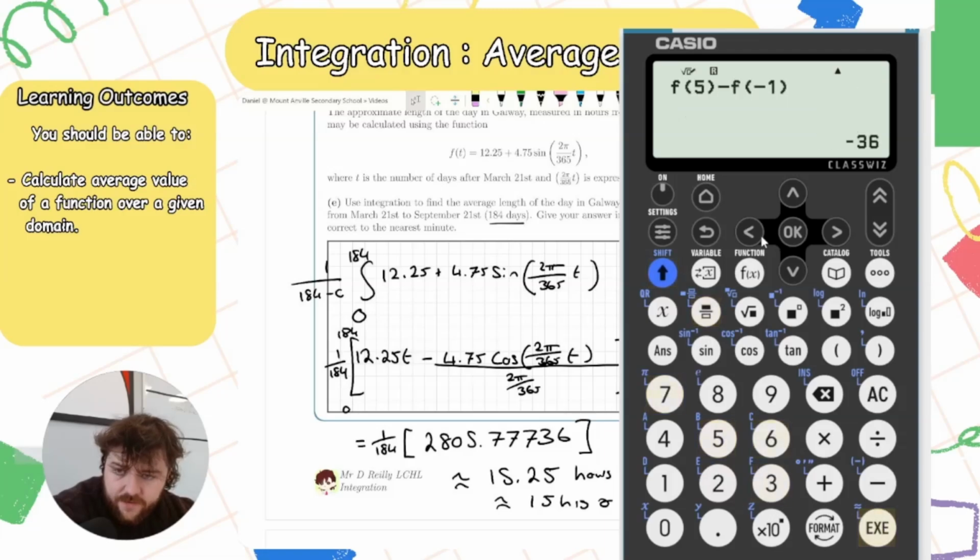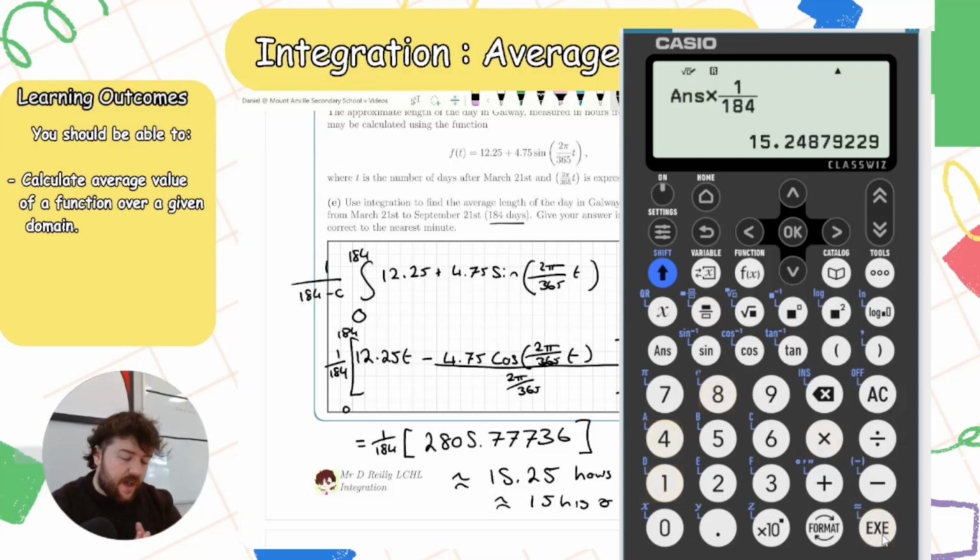So I defined my function there, and now I'm integrating between 184 and 0. So there you go, I get 2805, but then I need to multiply that by my 1 over 184. And then I get 15.25. That's how you can do it there on the calculator.